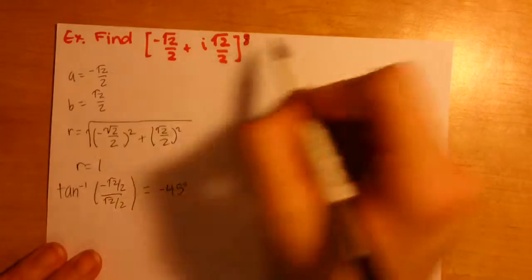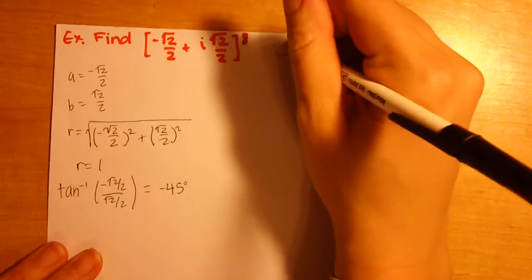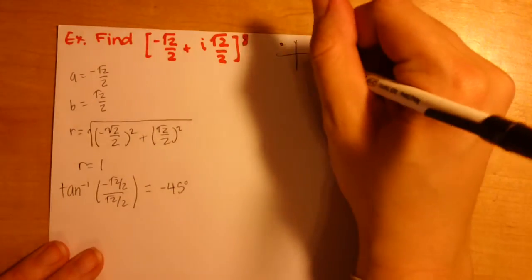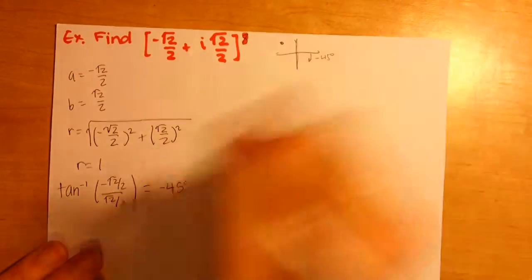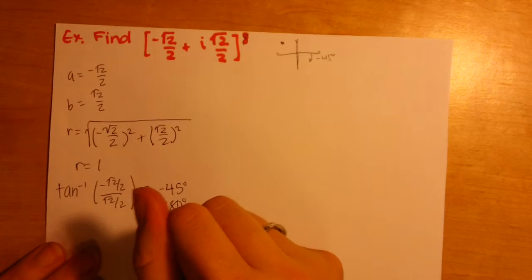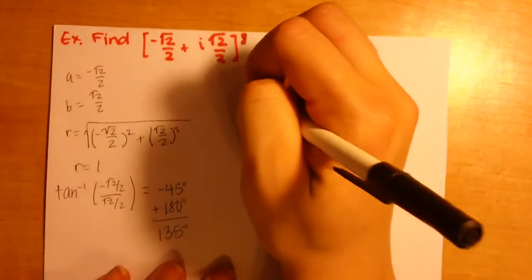But again, this point here is in this quadrant. Negative 45 degrees is here, so we have to add 180. So my angle is 135 degrees. So now I'm ready to use DeMoivre's theorem.